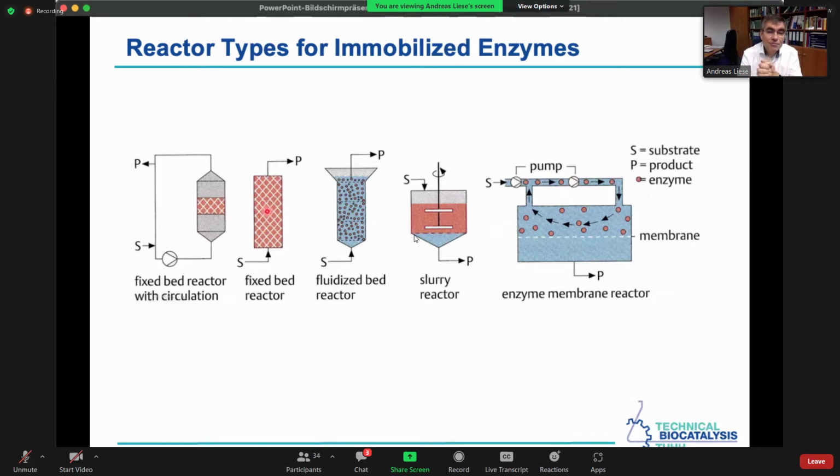And that is a big difference. And therefore, here with a fixed bed reactor, we're talking about convective flow. So we have a high convective flow, a high flow on the surface of the particles. These are the classical concepts.